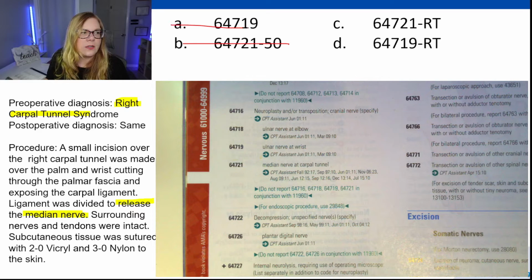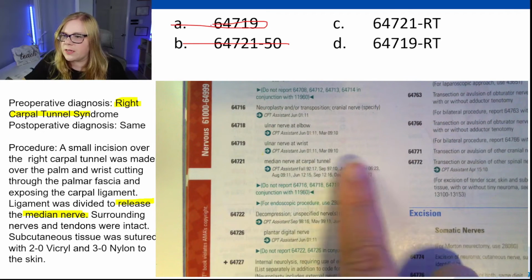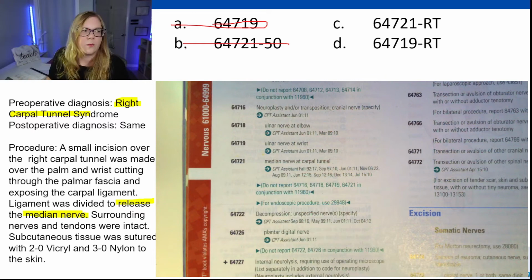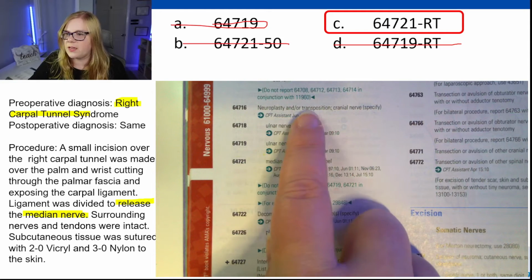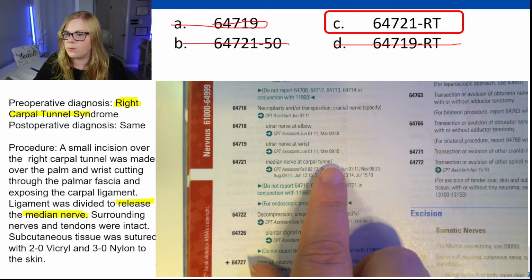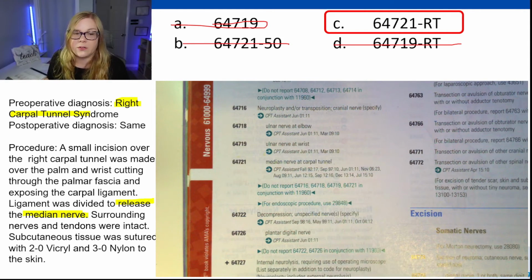This one is the wrong one. That looks like it's ulnar nerve at wrist, and that's not where we were. So yep, this one was out. And then we have answer C, 64721, which is our neuroplasty endotransposition and median nerve at carpal tunnel, and our RT modifier to indicate it was the right side.